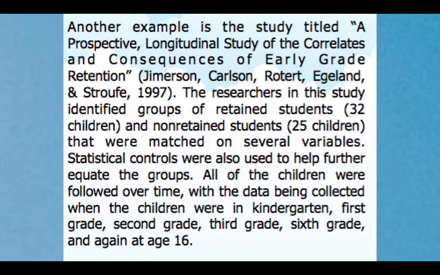is a study entitled A Prospective Longitudinal Study of the Correlates and Consequences of Early Grade Retention. The researchers in this study identified a group of retained students, 32 students, and non-retained students, 25 children, that were matched on several variables.